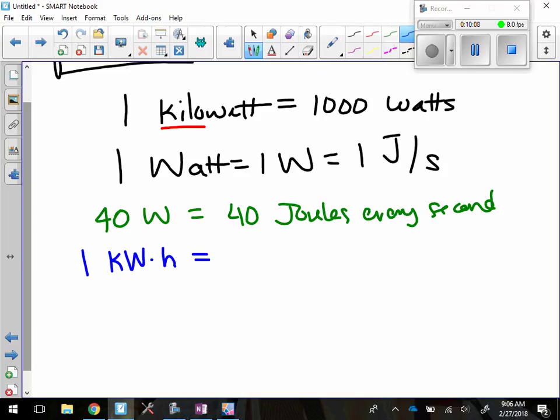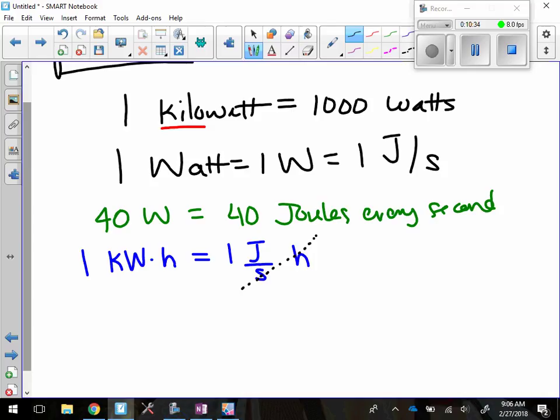Okay, so we know that a kilowatt is a joule per second, and an hour is some kind of unit of time. So if we did some converting here, and that's why I'm going to make this a dashed line, we could somehow get rid of the hours and the seconds. Okay, we'd have to do a little math here.